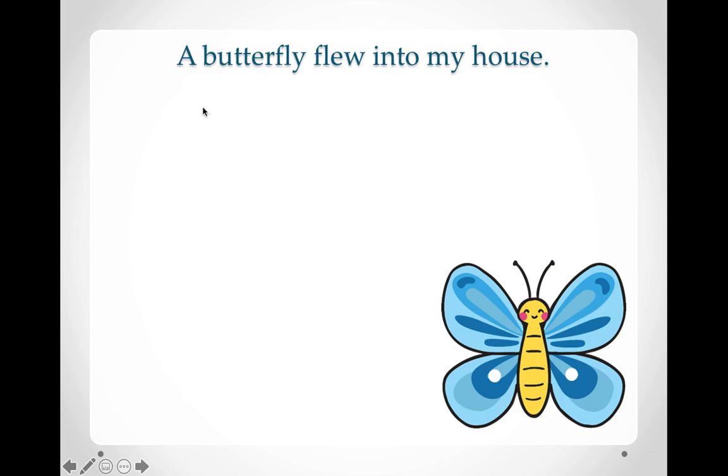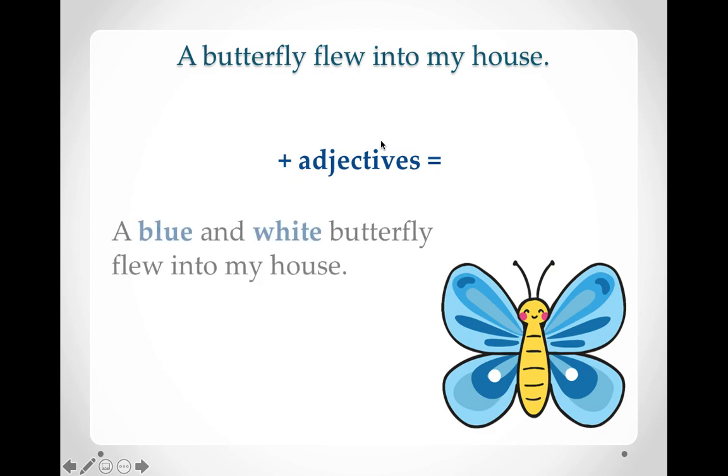The next sentence, a butterfly flew into my house. Now I want you to look at this butterfly. How would you describe the butterfly? Amazing work! Now I am going to describe the butterfly by adding my describing words, my adjectives. A blue and white butterfly flew into my house. Can you see the wings of the butterfly?